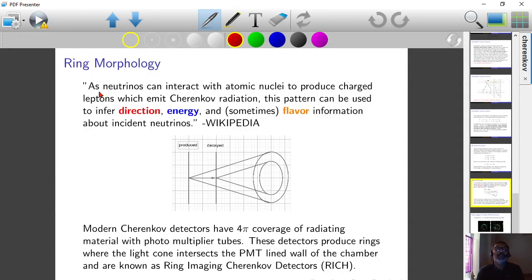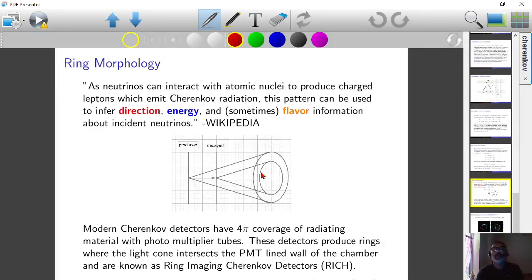Now Cherenkov rings: a neutrino can interact with atomic nuclei to produce charged leptons which emit Cherenkov radiation. This pattern can be used to infer direction, energy and flavor. How to get direction? If we look at the orientation of the plane of the detector with respect to the cone, then we will get a conic section.